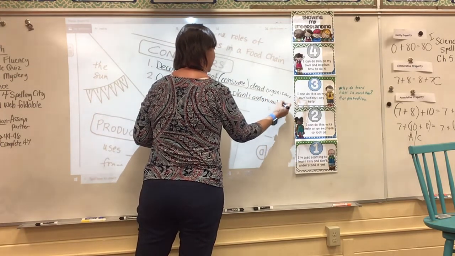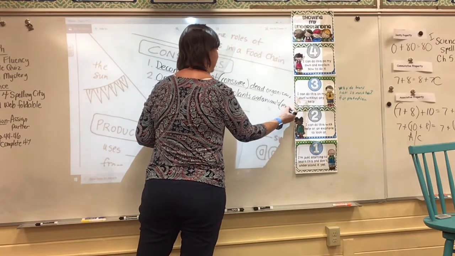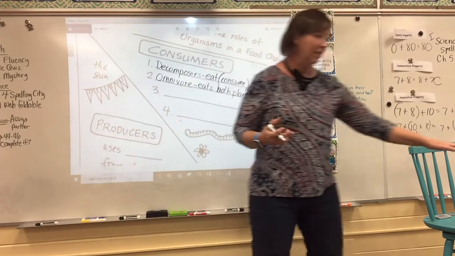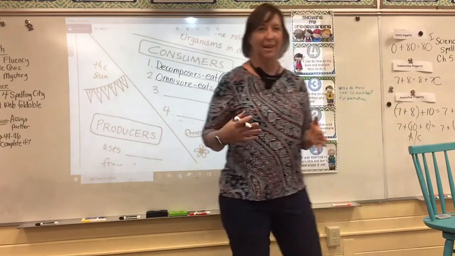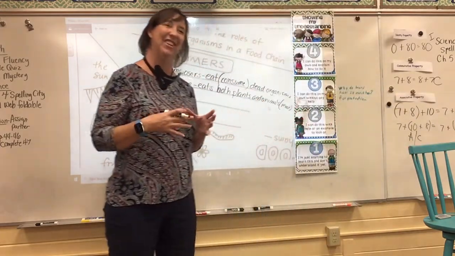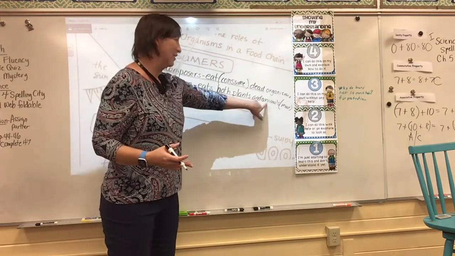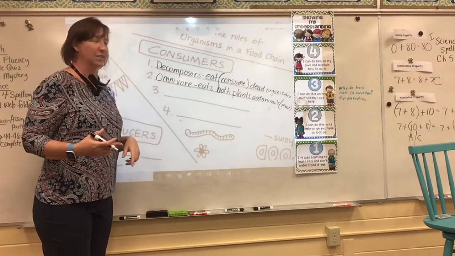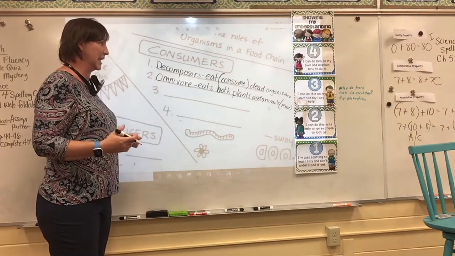And I'm going to put meat in parentheses because I want you to think about how we eat things, but we don't necessarily think of them as animals. We think of them as our dinner. We don't see the chicken as an animal, but it's meat. So omnivores eat both plants and animals.